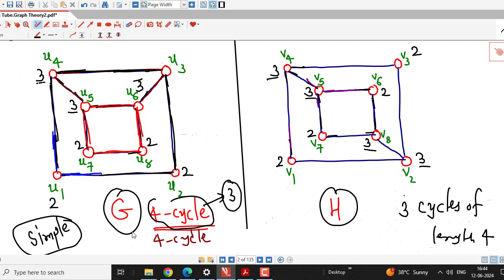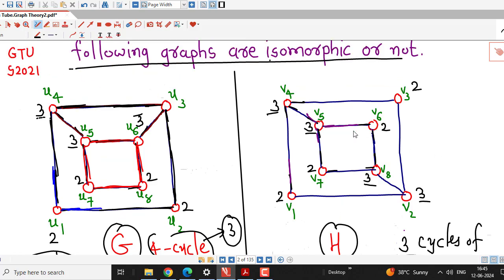So in graph G we have 3 simple cycles of length 4, and if G and H are isomorphic, I must have 3 simple cycles of length 4 in graph H also. So we can check in graph H: this is one obvious simple cycle of length 4.